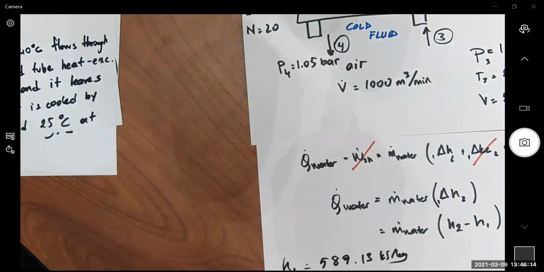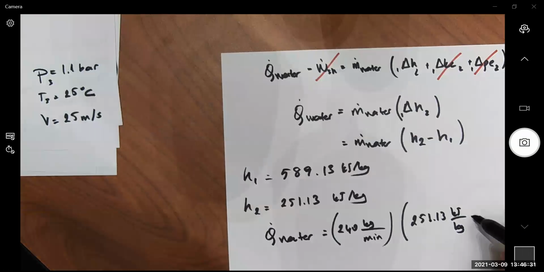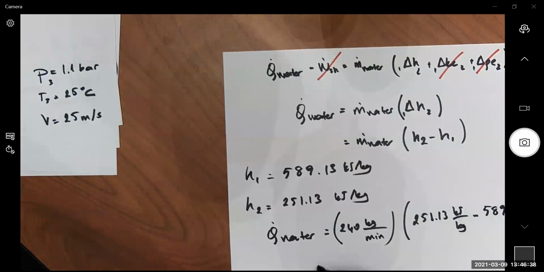Now I can find my Q water because I know my mass flow rate is 240 kilograms per minute, times 251.13 kilojoules per kilogram minus 589.13 kilojoules per kilogram. Q for the seawater would be minus 81,120 kilojoules per minute.